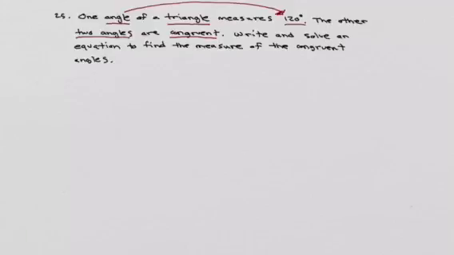For example, if I were to tell you that this line right here was, let's say, 2 centimeters long, and I made a line that was congruent, that would mean that the measure of line 2 is also 2 centimeters long. Okay, so again, congruent just means that their measures are equal.